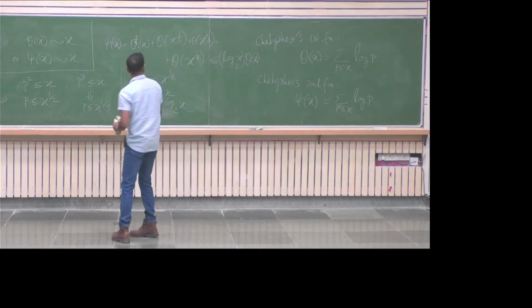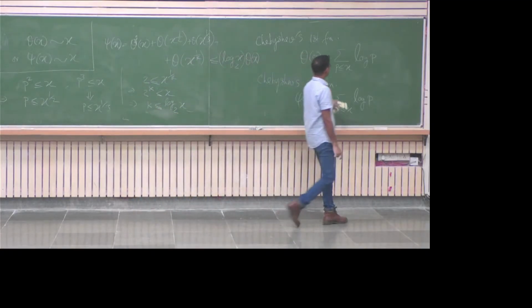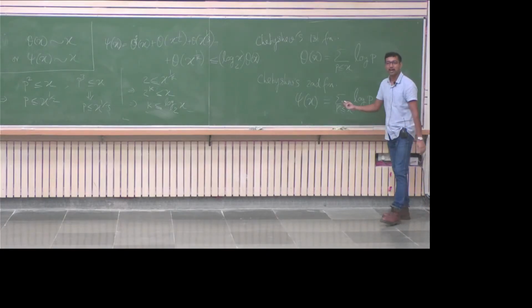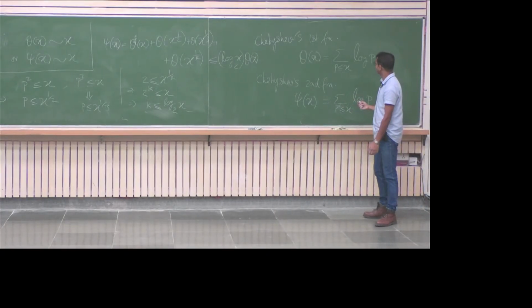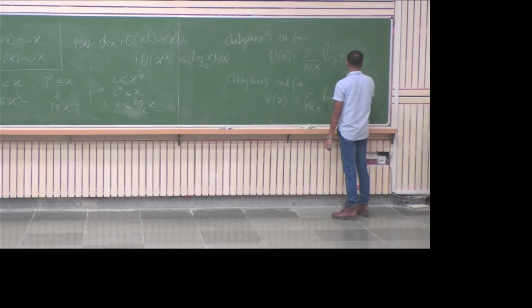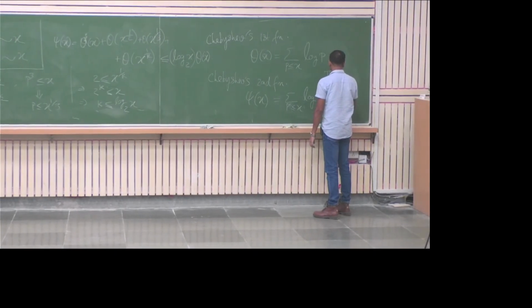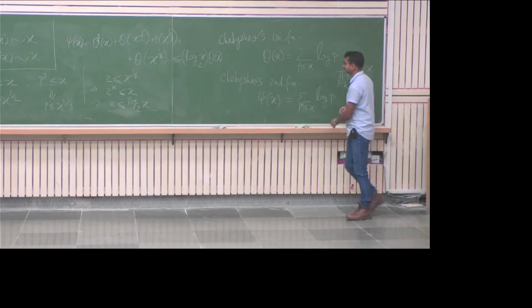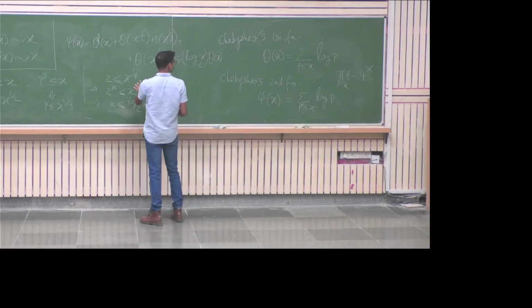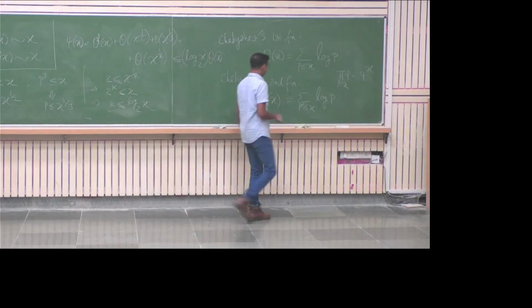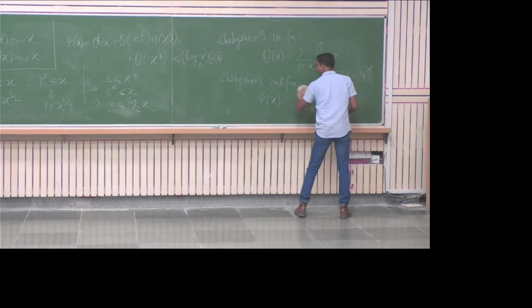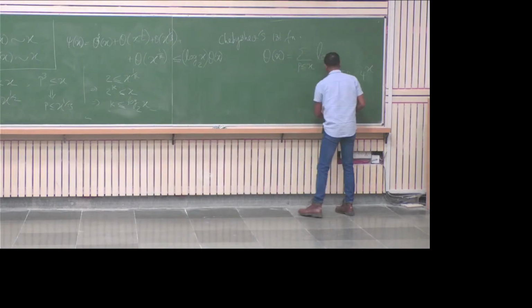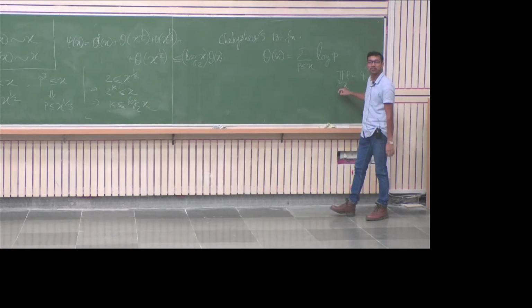Now, what happens there? So theta x, what is theta x? This is the sum over p less than or equal to x of log p, right? And we have seen that the product of the primes p less than or equal to x is bounded like this, right? So now, if you take logs on both sides, well, we didn't quite see this, but we saw it for integers.